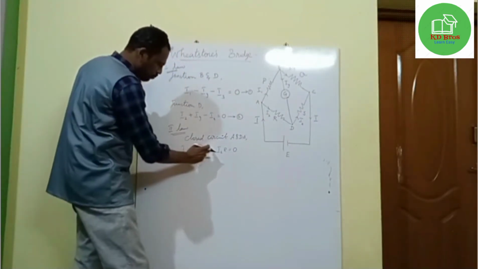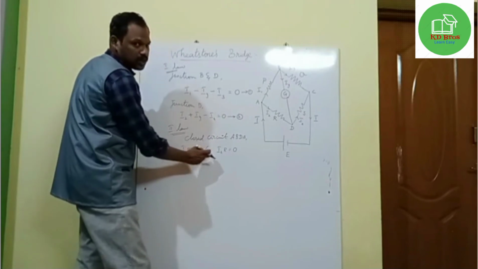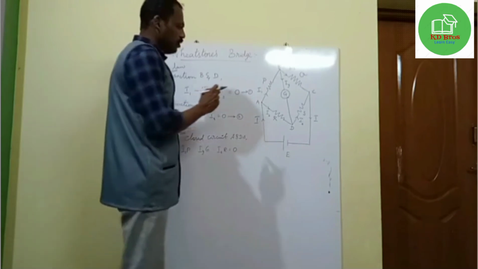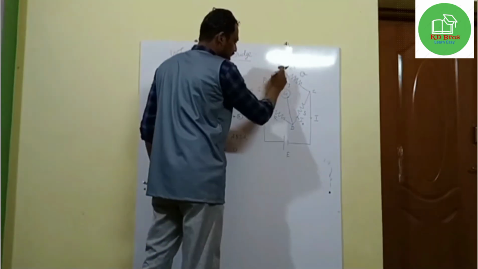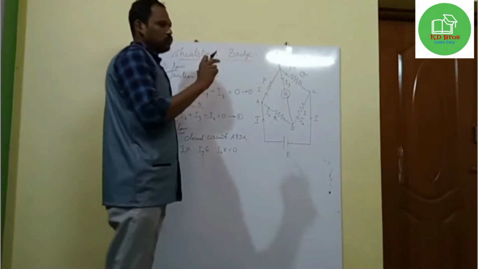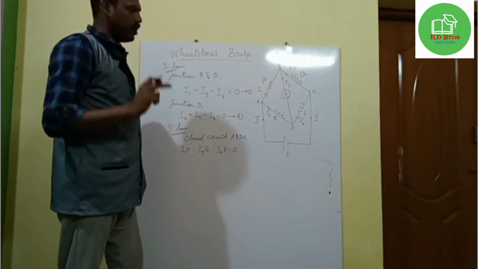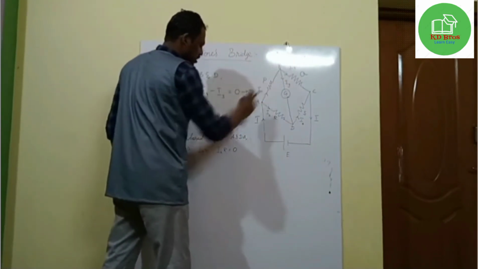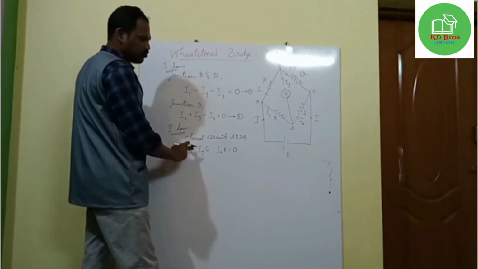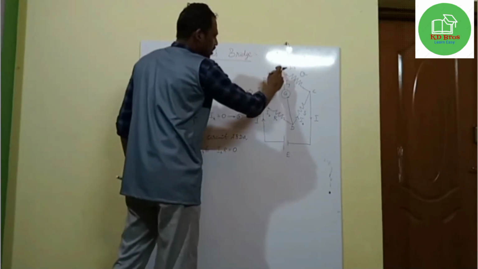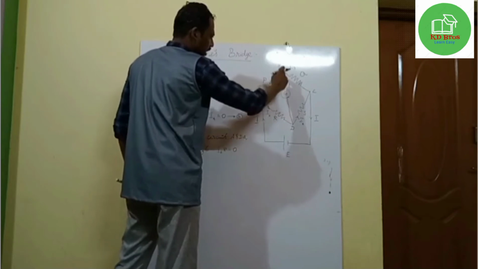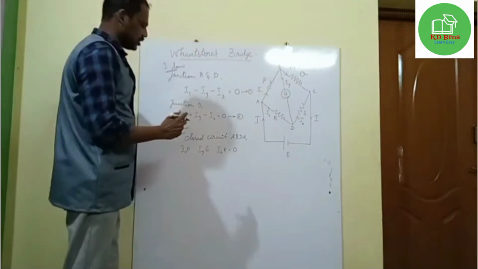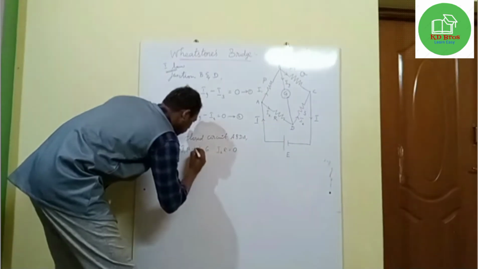Now here we have to apply the sign convention. How can we give the sign? If the current is passing in clockwise direction, we represent it as a positive value. So I1 P is clockwise, so it is positive. Ig G is also moving clockwise, so it is also positive.